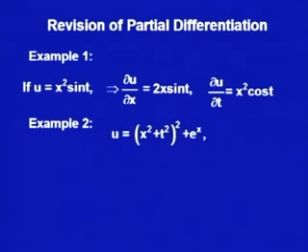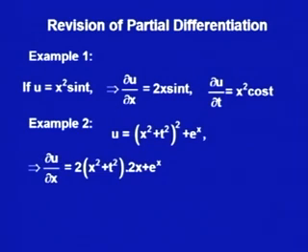Take another example. If u is a function of x square plus t square, whole square, plus e to the power x, what will be its partial derivative with respect to x and with respect to t? First, let us take it with respect to x. This is a function of x and t, so we treat it with the chain rule, the function of a function.